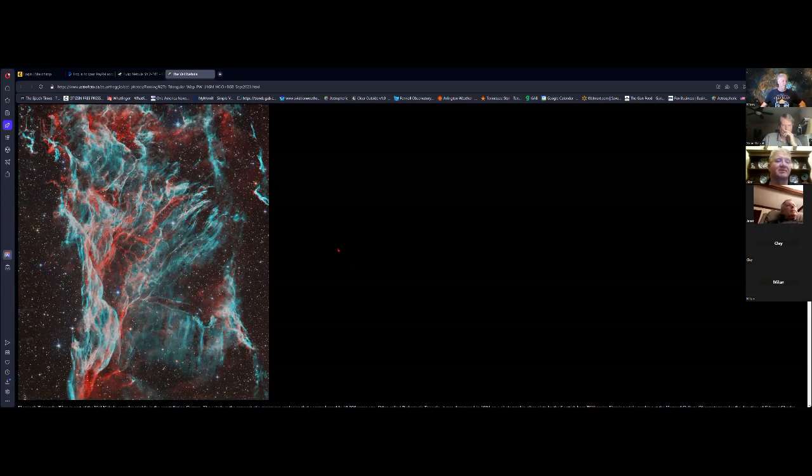That is part of the Veil complex, and I think everybody can do that. To me it's just really cool. I mean this was one of them, and you can do that as part of NGC 6960 or close to it. And I'll stop sharing and reshare again.